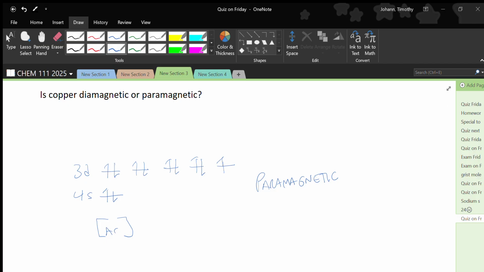Here I have a full shell and here I have a not full shell. And I could take an electron from here and put it there. Actually, that's a good point. Since I can make a half full shell and a full shell, was that what you saw there?